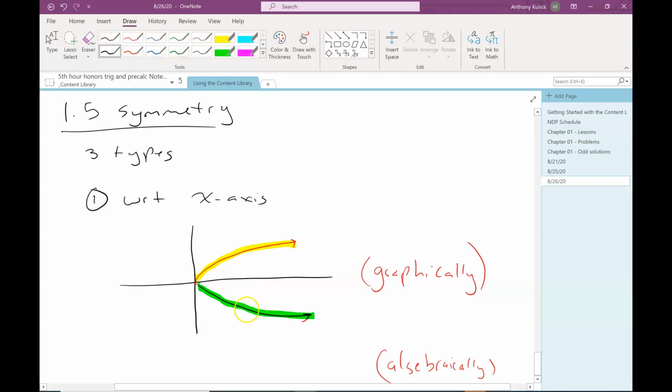Well, if I take some point, say here, that's like an x comma f of x, right? Oops. Negative f of x. And if I track up here, then this would be x comma positive f of x, right? Everybody's okay with that idea?